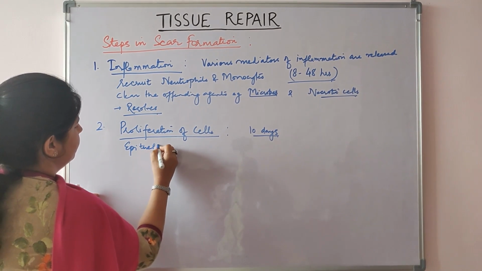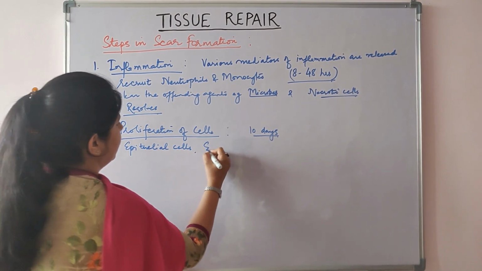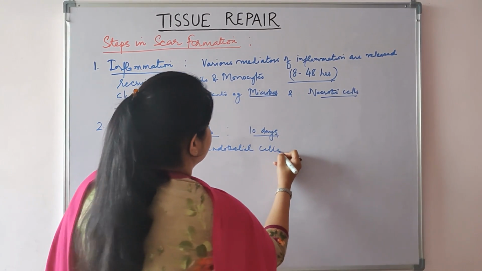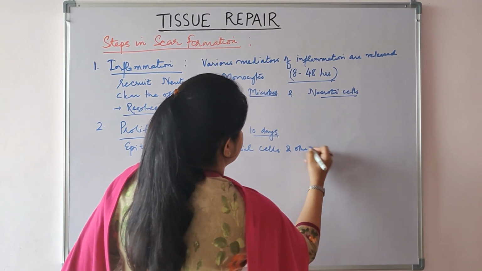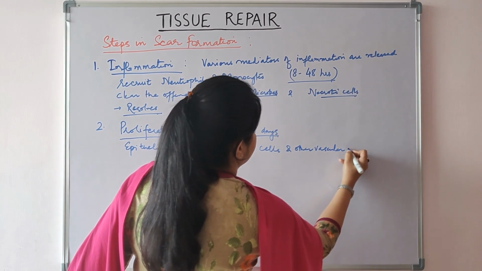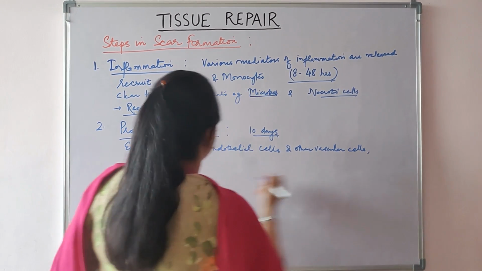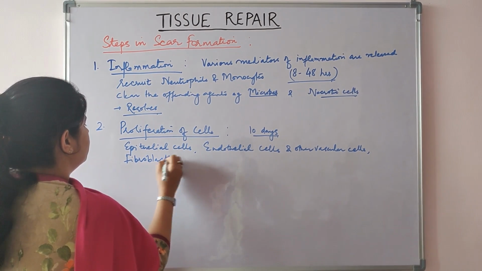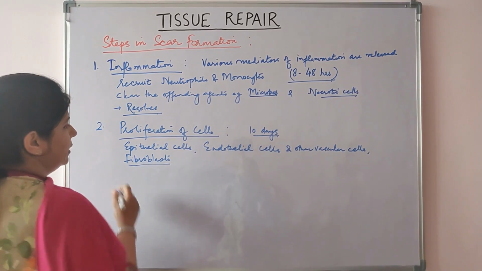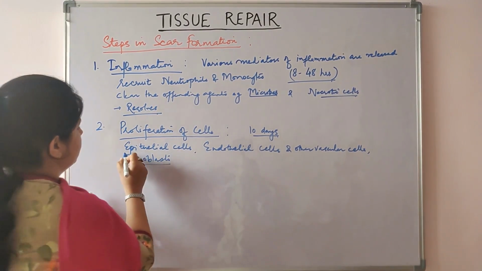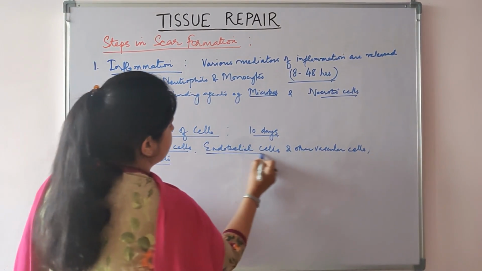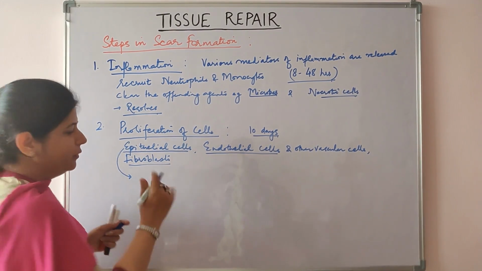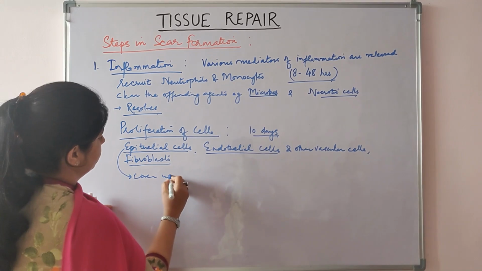Epithelial cells, endothelial cells, and other vascular cells, pericytes, and fibroblasts. They proliferate under the influence of various growth factors, and they perform different functions. The epithelial cells proliferate and migrate to cover up the wound.